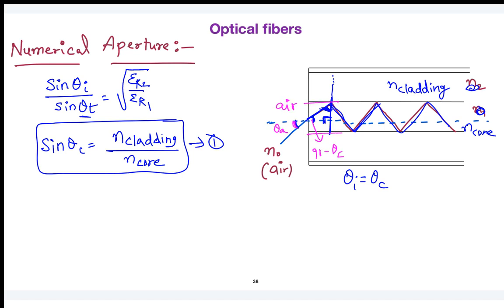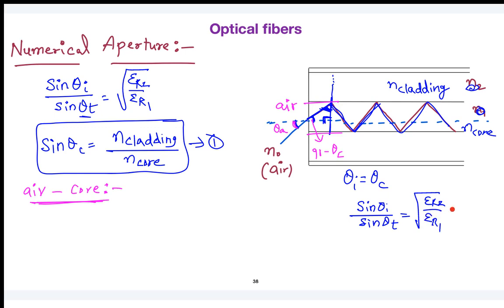When I apply Snell's law between my space and core interface, using our second Snell's law, sine theta i divided by sine theta t is equal to root epsilon r2 divided by epsilon r1. So this I can call n2 divided by n1 only. In other words, n1 sine theta i is equal to n2 sine theta t.